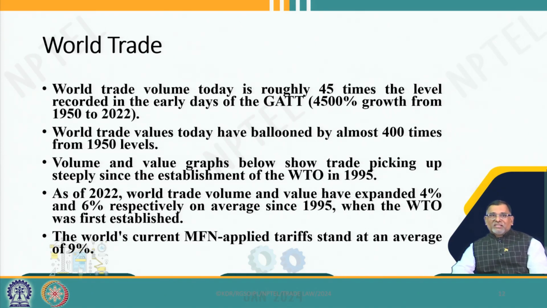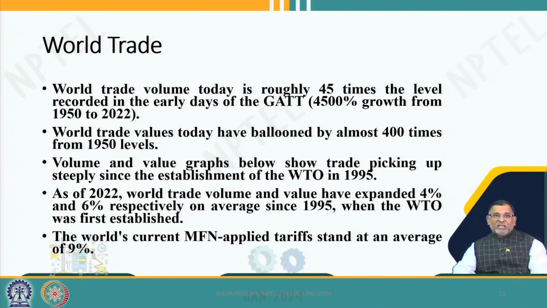As I told you, there are many times and trade values. The trade value also, it is not only the volume, the trade value also increased 400 times from 1950 levels. So, it is not only the volume that increased, the value also increased many times. You can see the volume and value graph has increased many fold from 1995.